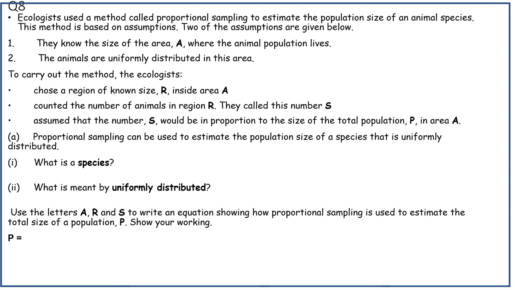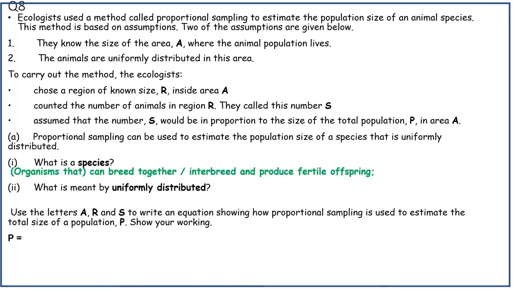What is a species? It is organisms that can breed together or interbreed and produce fertile offspring. What is meant by uniformly distributed? There is the same number of organisms in each region, or they're equally spread.